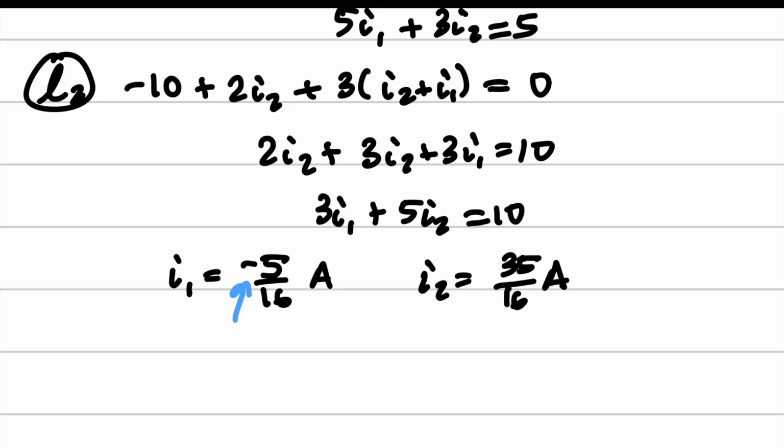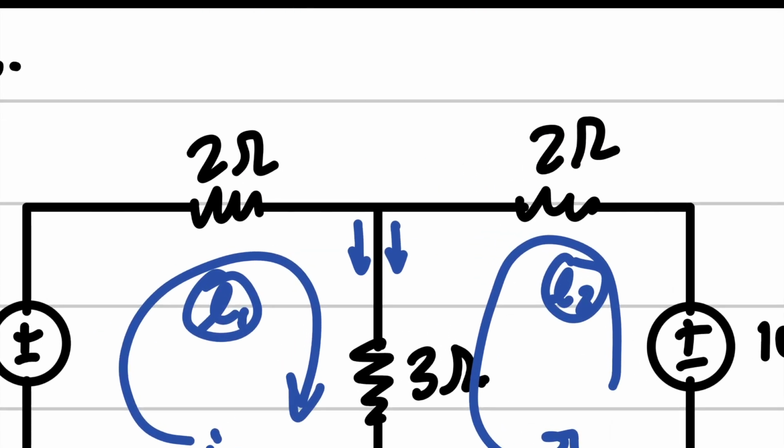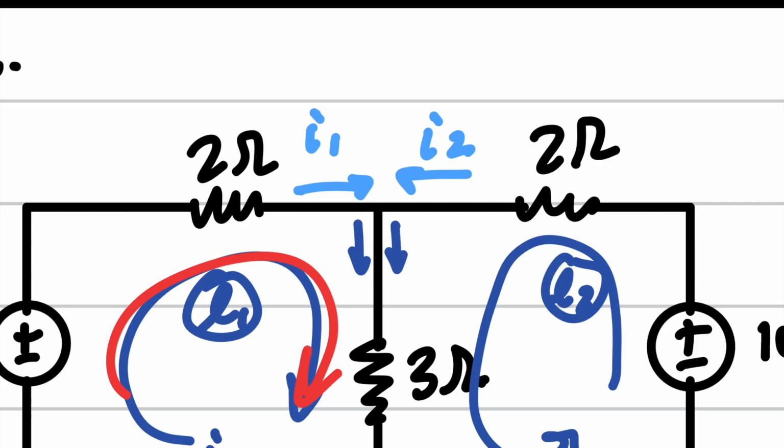So that means in this coordinate system that we had chosen, I1 is going into the node, and I2 is also going into the node. But because it's negative, that means this rotation is wrong. It's not going clockwise, it's actually going the opposite way.